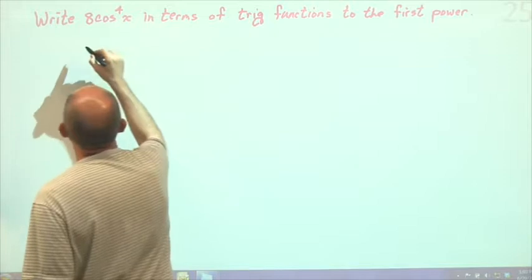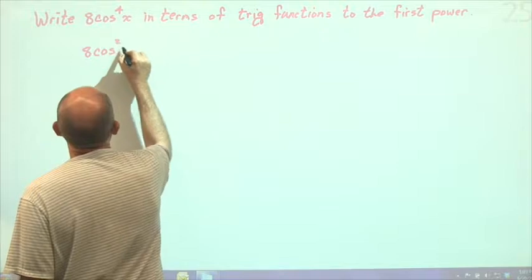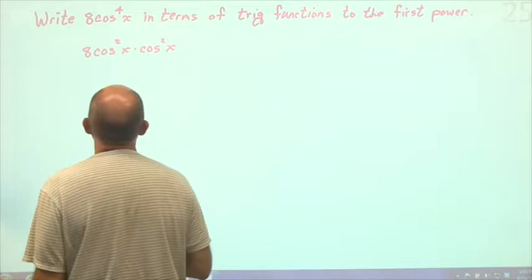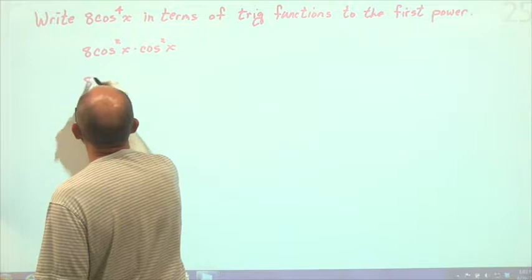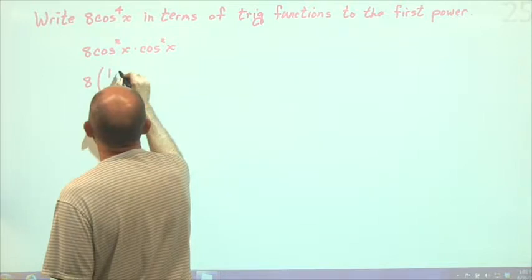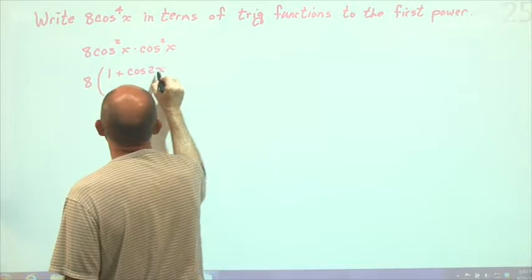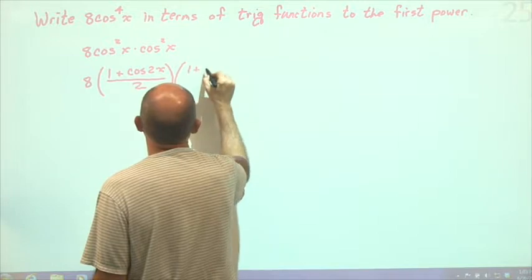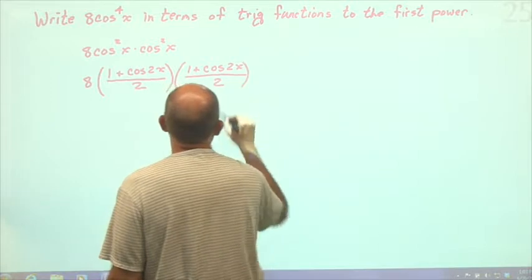So we have 8 cosine squared x times cosine squared x. Now, cosine squared x is going to be 1 plus cosine 2x over 2, times 1 plus cosine 2x over 2.